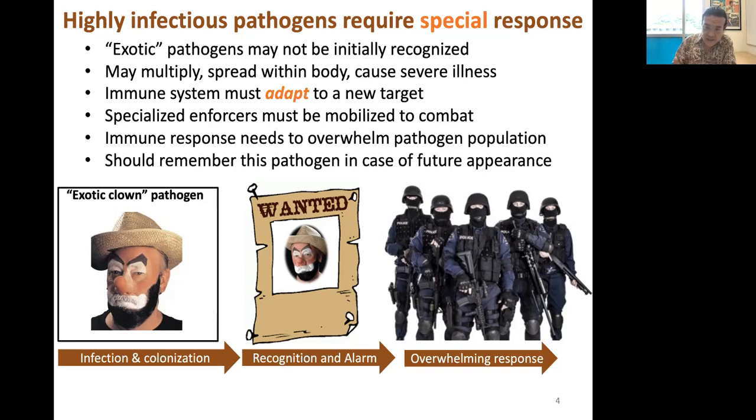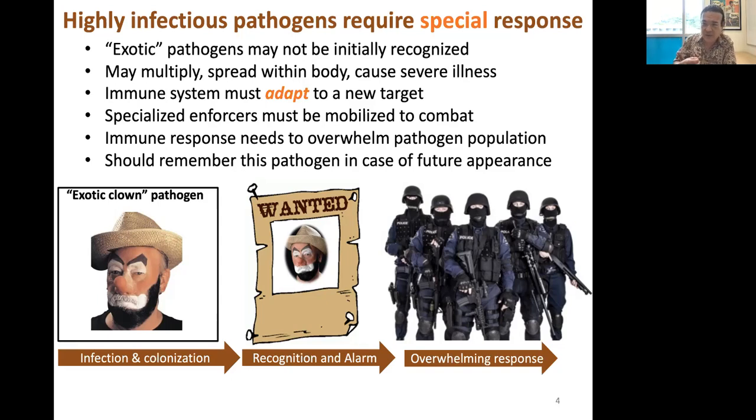And if you do get sick, and your adaptive immune system succeeds in saving you, it would be really bad if every time bad clown came back in the future, months or years later, you would have to go through that same whole process again, right? Because maybe next time you're not going to be as lucky.